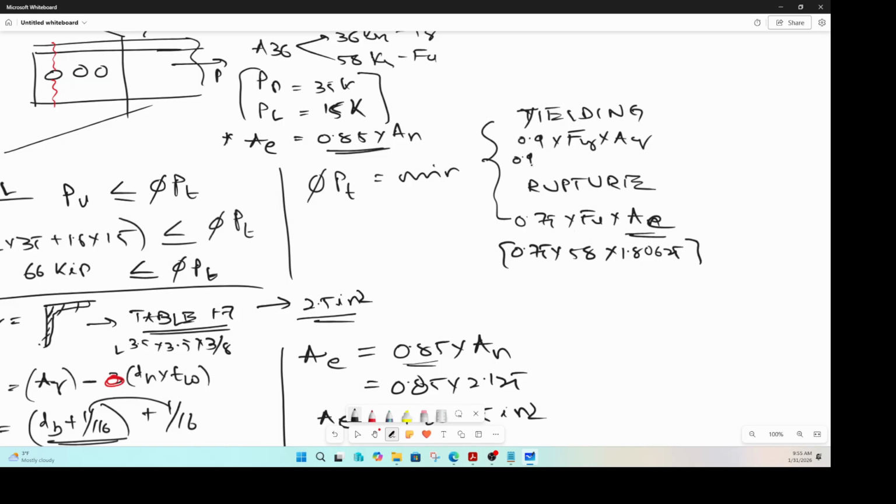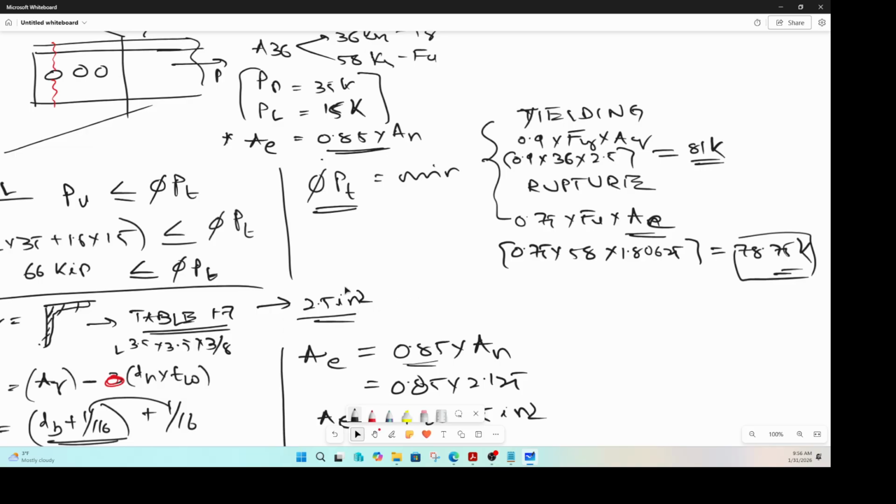This is 0.9 times Fy, which is 36, times A gross, 2.5 inch square. This comes out to be 81 kips, whereas this comes out to be 78.75 kips, correct? And PT is a minimum of this and that. So your PT is 78.75 kips.